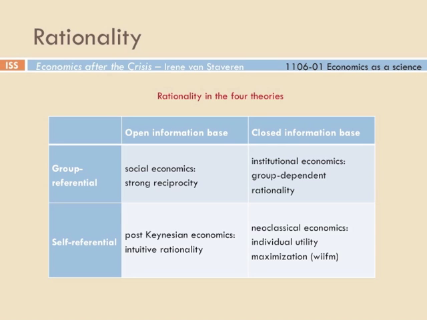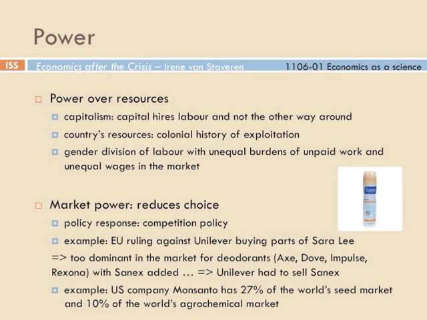This matrix summarizes the definition of rationality in all four theoretical perspectives. Power in economics is often regarded as a conflict over resources or as market power.